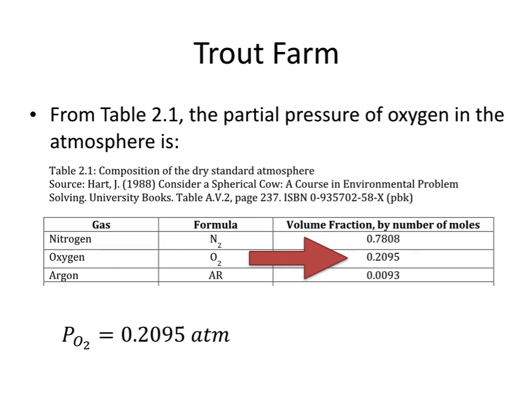We can also look at Table 2.1 to obtain the partial pressure of oxygen in the atmosphere. If you recall, we said that the oxygen in the atmosphere makes up about 21% of the atmosphere. At standard conditions, the standard atmospheric pressure of all the gases combined is 1 atmosphere.